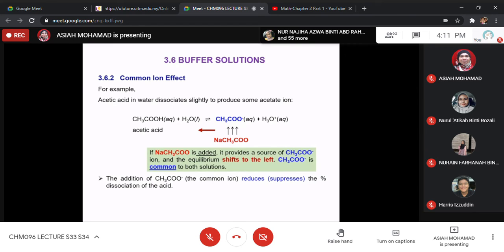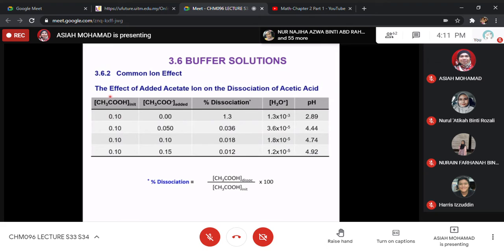Let us look at this table on the effect of added acetate ion on the dissociation of acetic acid. You can see here, as the concentration of acetate ion increases, the percentage of dissociation decreases.